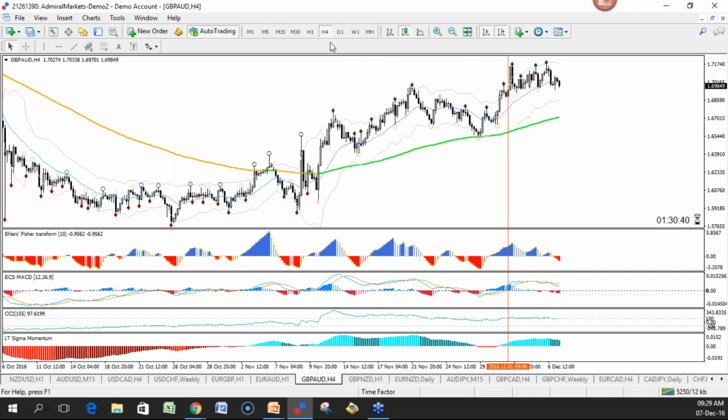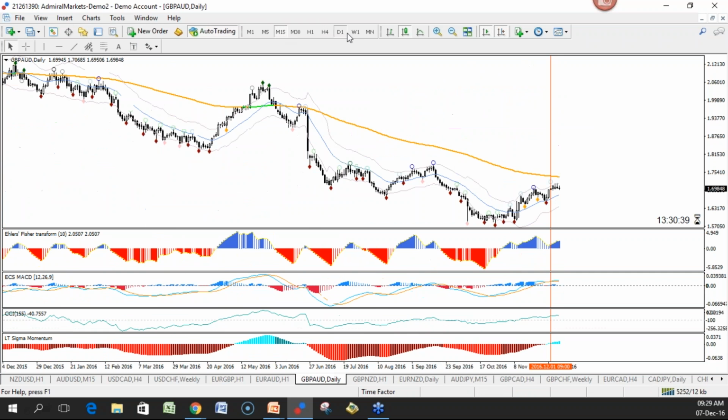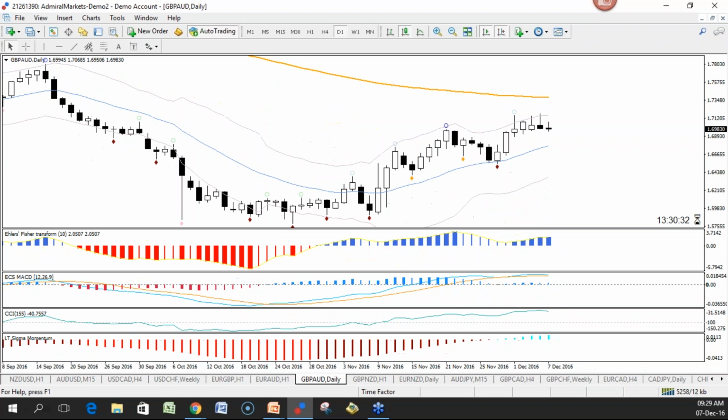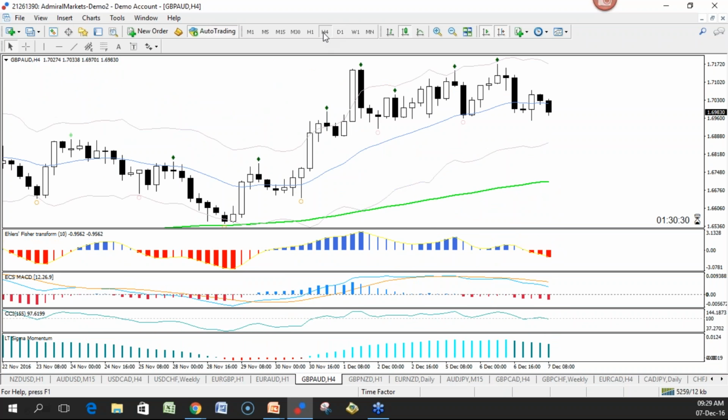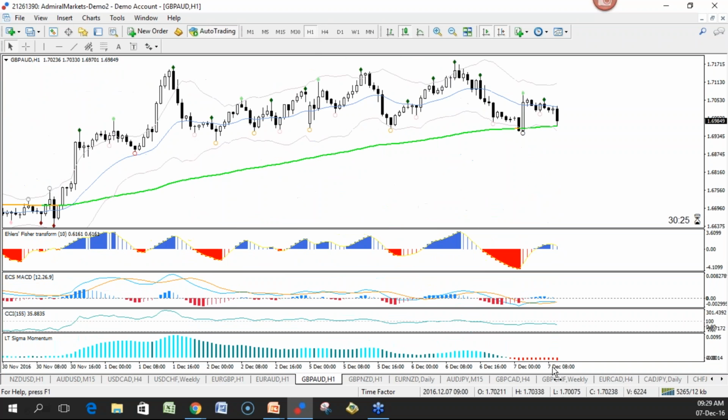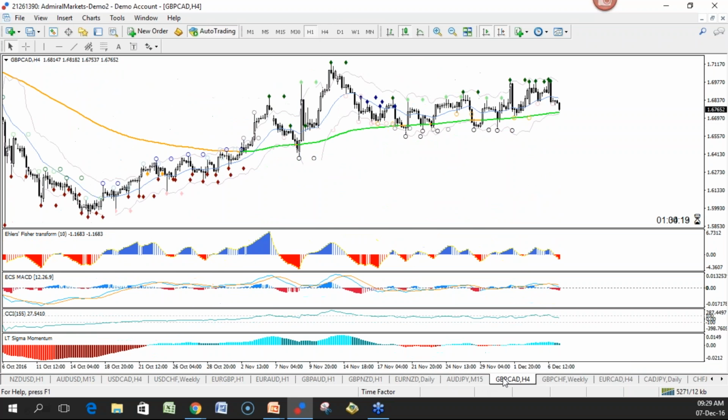There is divergence between these tops. Price is going sideways. So I'm not really a big fan at this moment of these particular pairs. Maybe some crosses have something more to offer.